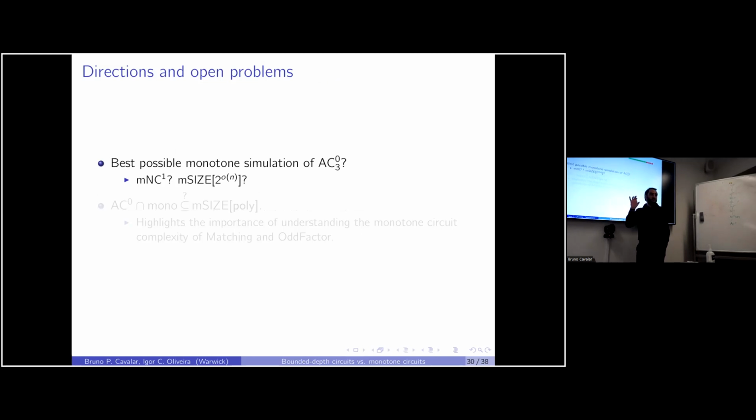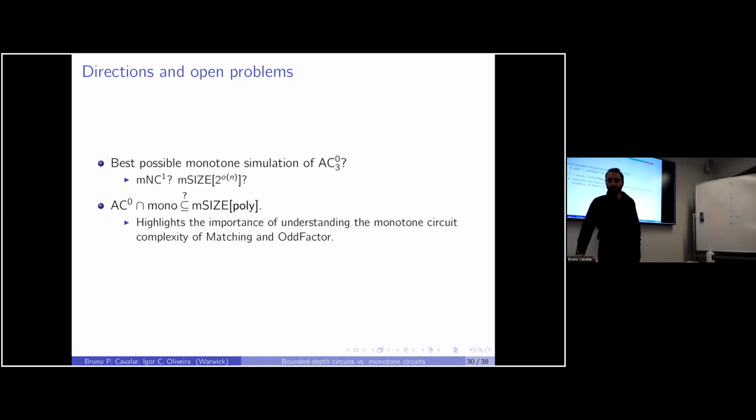However, we did not specify depth 3, and in fact, the depth 3 question is still open. We don't know if maybe you can put AC0 depth 3 in monotone NC1 when you're talking about monotone functions, or can you do at least some sort of non-trivial simulations? These simple questions are still open.